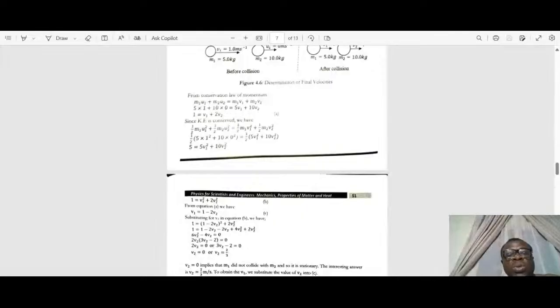So we want to reduce this. Since you have half, whatever you do to the left hand side, you must do to the right hand side. So you multiply through by 2. Multiply both sides of the equation by 2 so that the half goes.